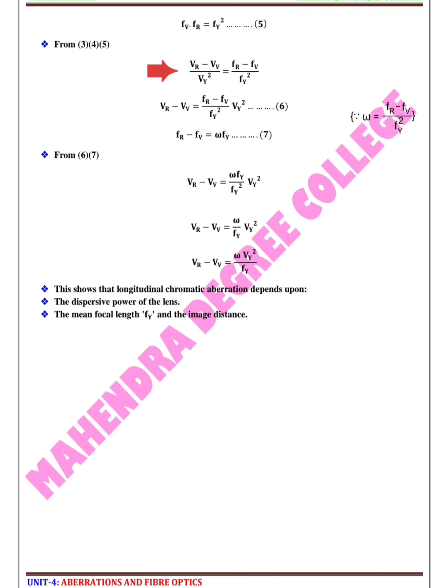We get (Vr minus Vv) by Vy square equals (Fr minus Fv) by Fy square.